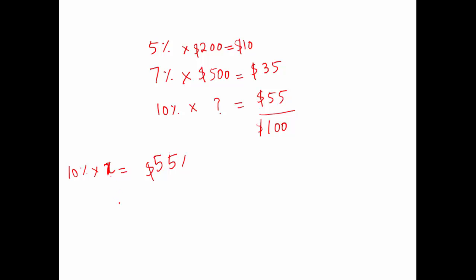So the x would be 55 divided by 10%. So your answer will be $550. So that's the total amount that you need to sell in the evening session to get your goal of $100.